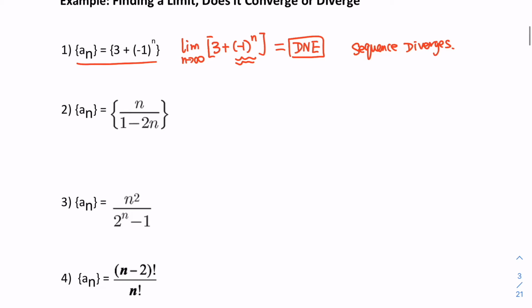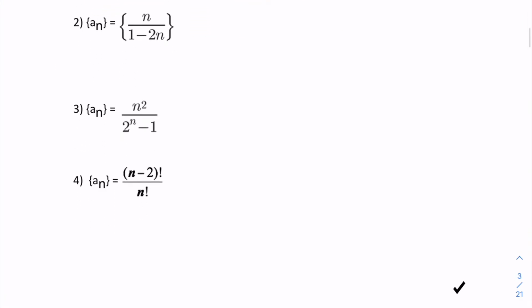Okay, let's look at number 4. The limit as n goes to infinity of a of n, which is n minus 2 factorial over n factorial. After we simplify it, we'll have 1 over n times n minus 1. As we know, as n goes to infinity, this goes to 0.